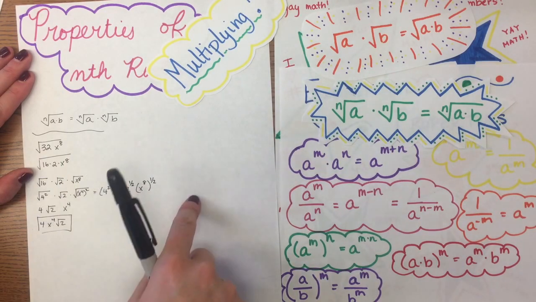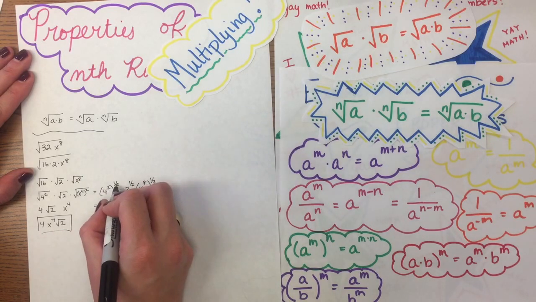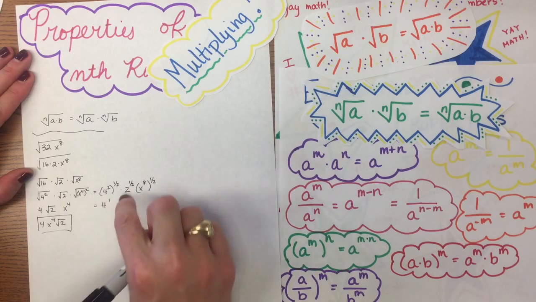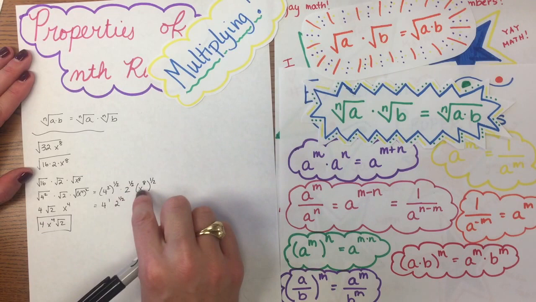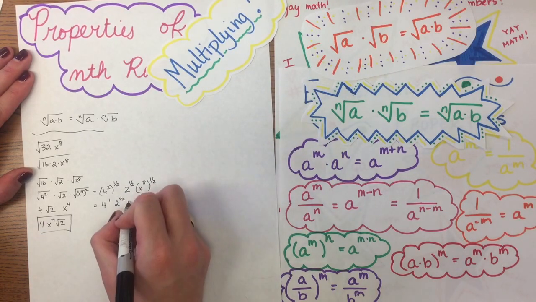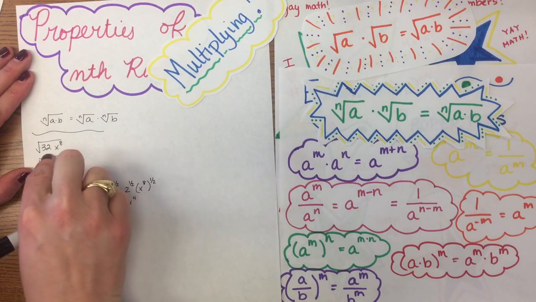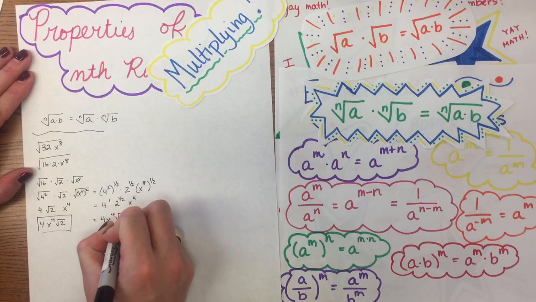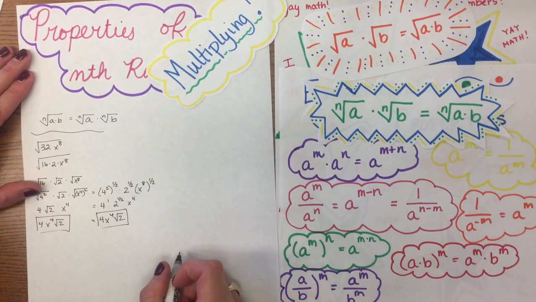And the reason I'm going to do that is this becomes 4 to the 2 times 1/2 using this rule, becomes 4 to the 1, 2 to the 1/2. I can't do anything with those exponents, but these exponents 8 and 1/2 multiply. 8 times 1/2 is x to the 4. So if I rewrite it in the form I was given, I have 4x to the 4th times the square root of 2. Same answer, two different methods.